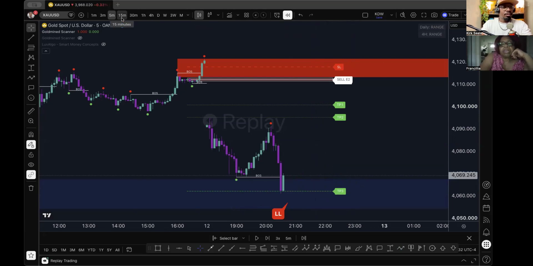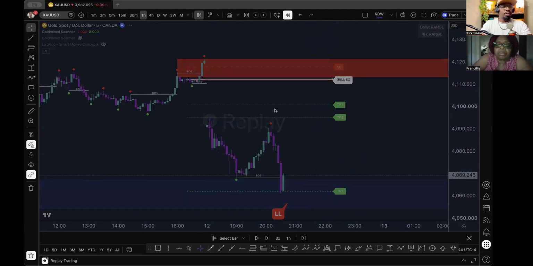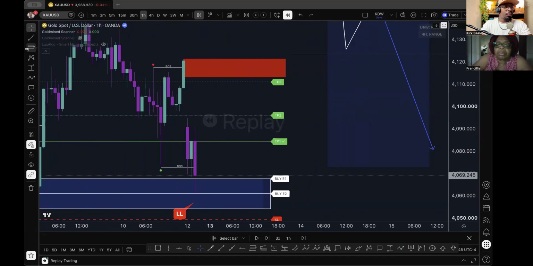So the top of this blue box was an entry for that buy. Actually, let me put in the take profits so we can see what happens.